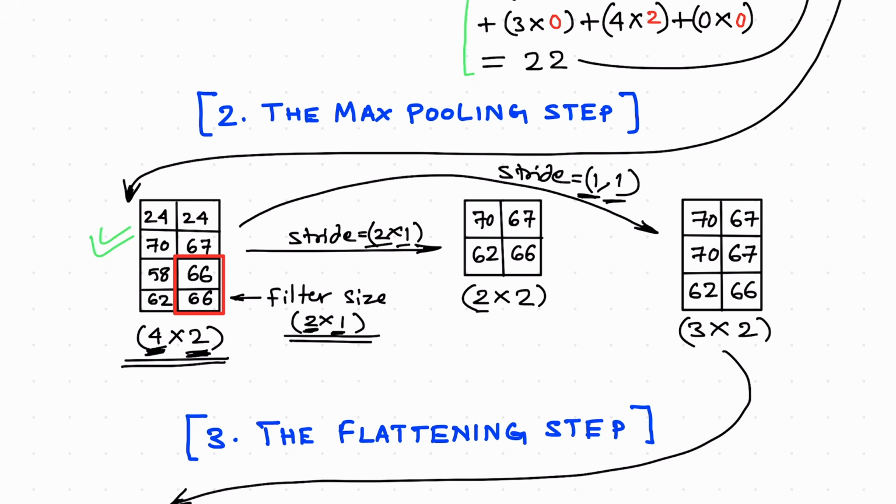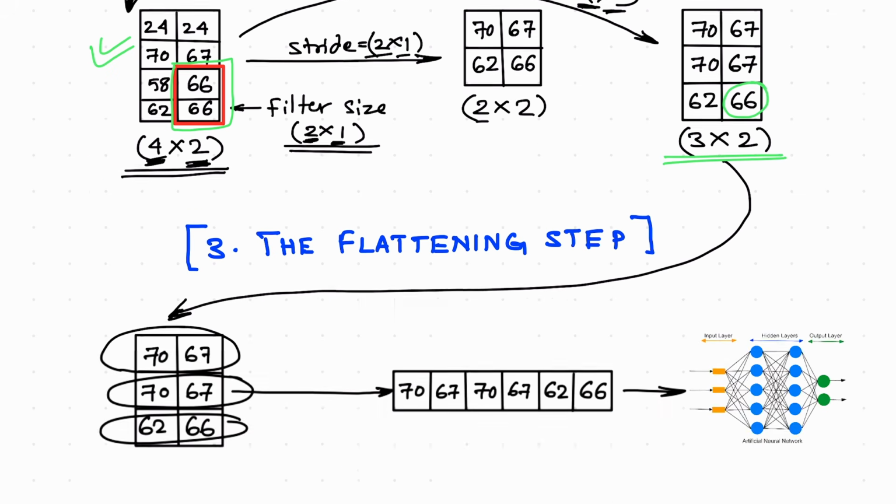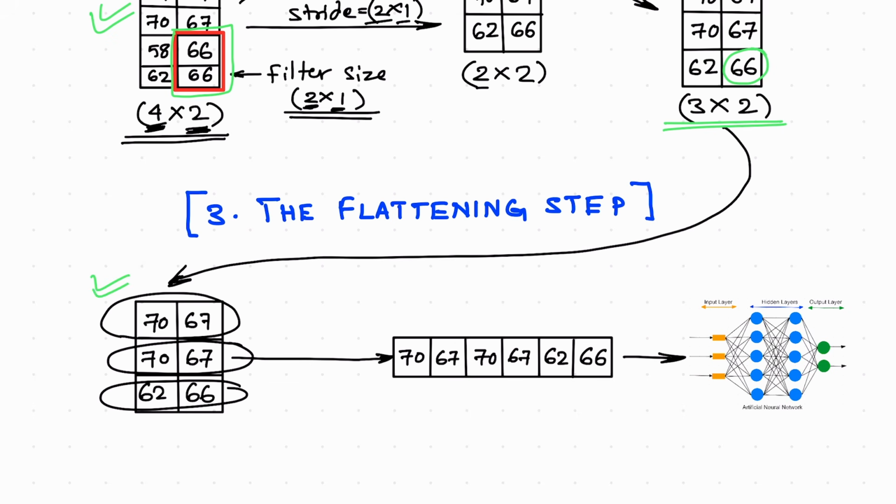After this, the max pooling step applies a filter that selects the maximum value under that window and significantly reduces the image. The last step, flattening, takes the output of the max pooling layer and arranges them as a single vector. Now this image vector is given as an input to the classification ANN.